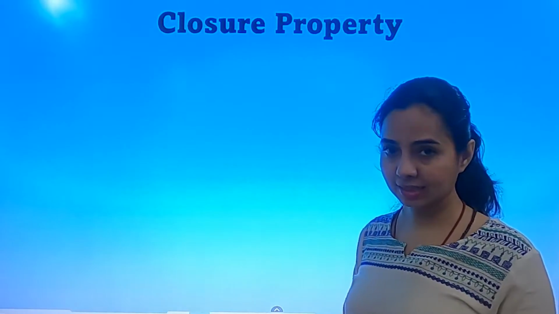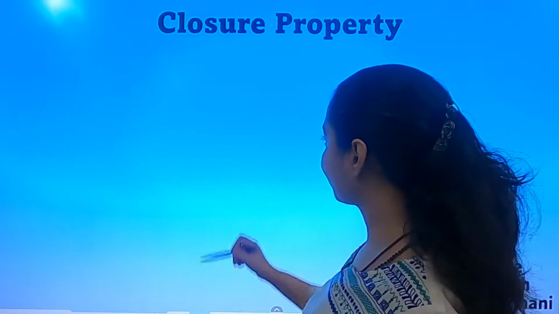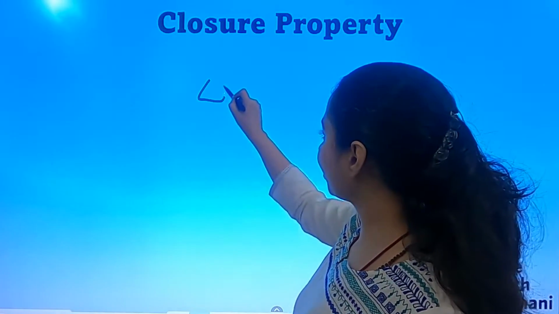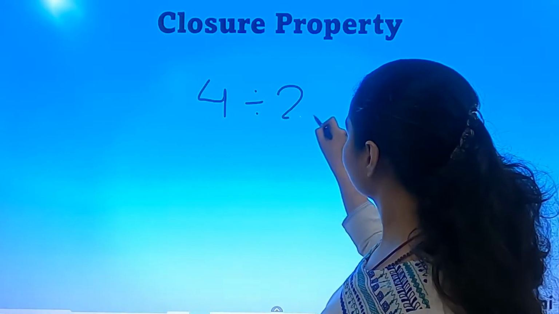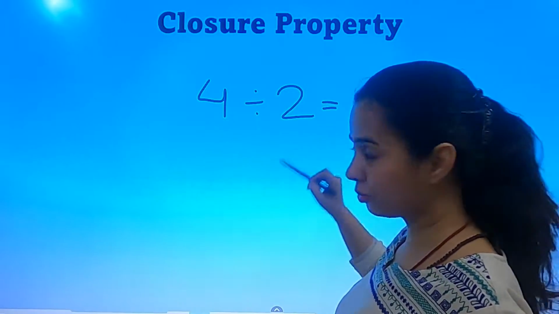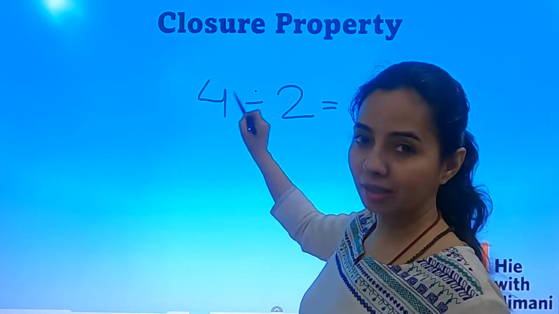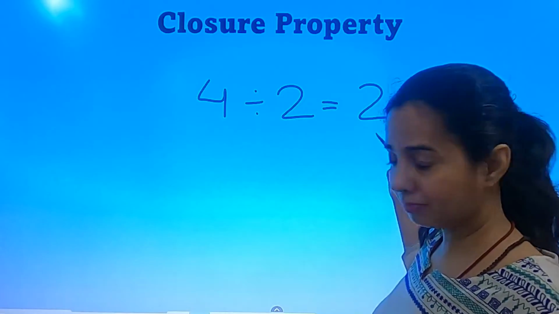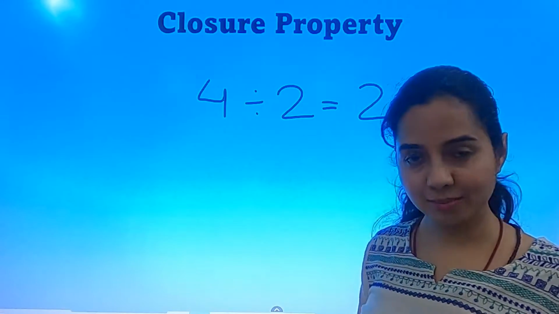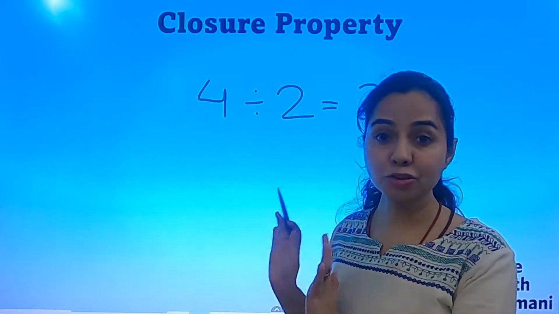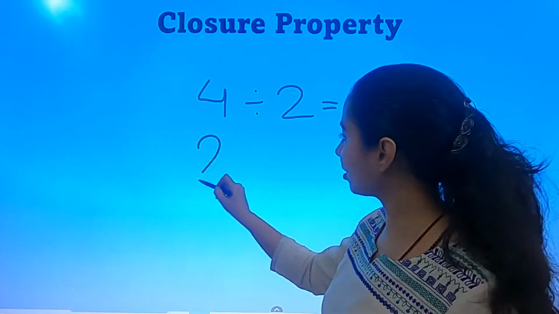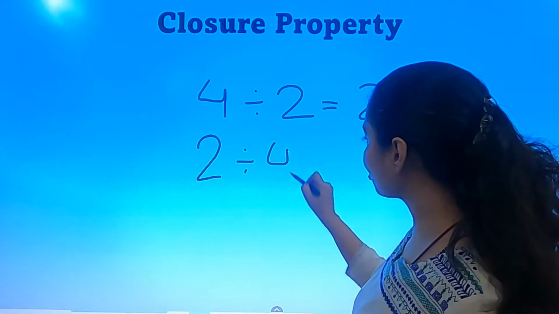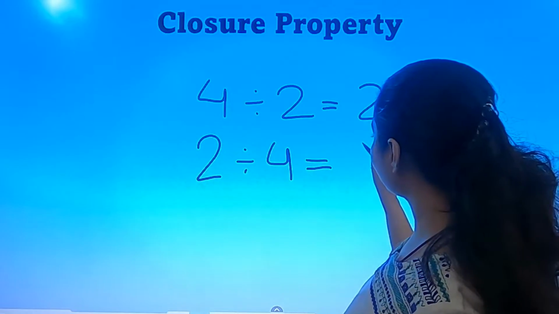We can test this for division as well. So 4 divided by 2 is what? 2. 4 is a whole number, 2 is a whole number, and this 2 is also a whole number. Simple. It is standing true. But if we reverse the order, do you think this closure property still stands true?